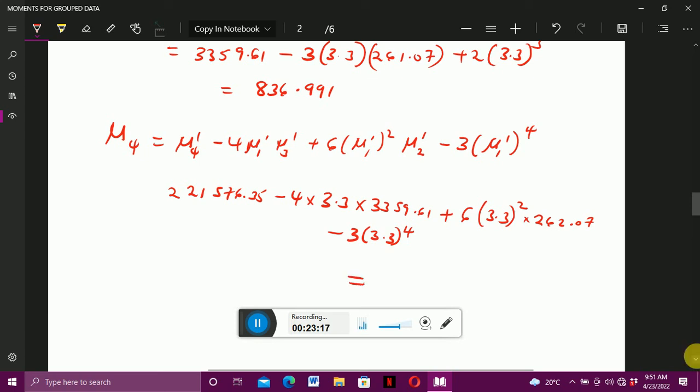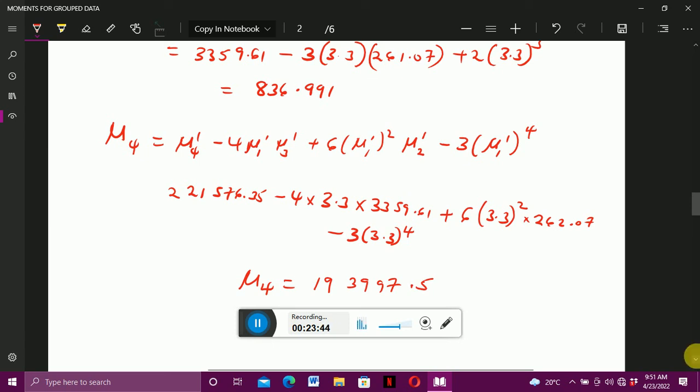So you work that out, and confirm that the fourth moment about the mean is 19,399.75, approximately.